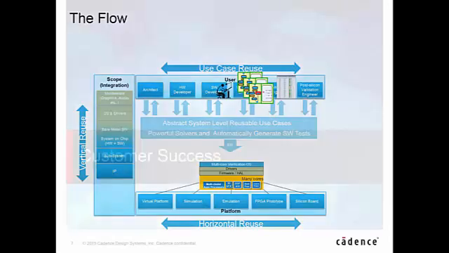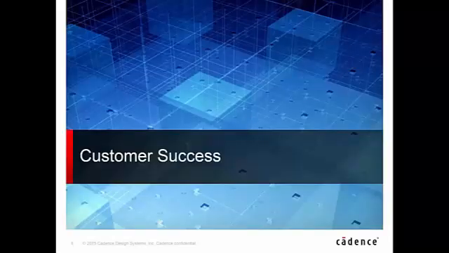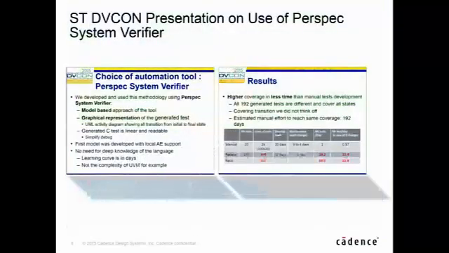Before I get into giving you some more details about how that works, I would like to show a recent presentation done at DVCon by ST, who's one of our early users of Perspec System Verifier. And in this case, they were using it for that vertical reuse kind of capability where they were applying it to a GPU piece of IP to make sure that the GPU stayed functioning across their complex power system.